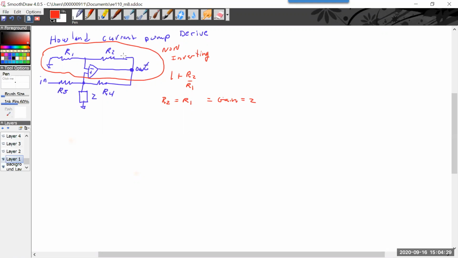And I didn't say it, but when I'm trying to figure out what an op-amp circuit does, first thing I do is assume that it's ideal, all right? And so if I just label this node Vx, V out equals 2Vx.